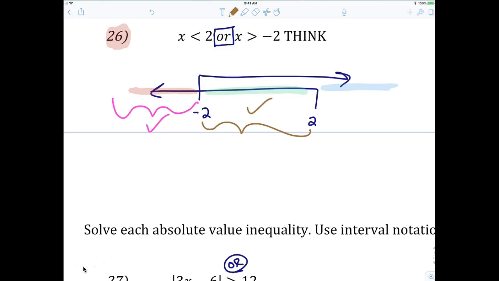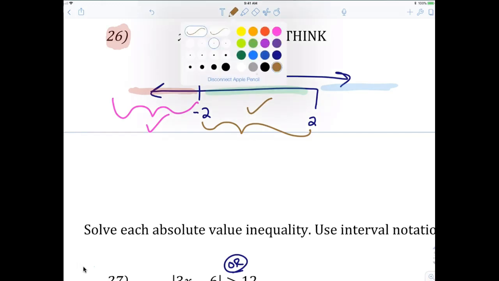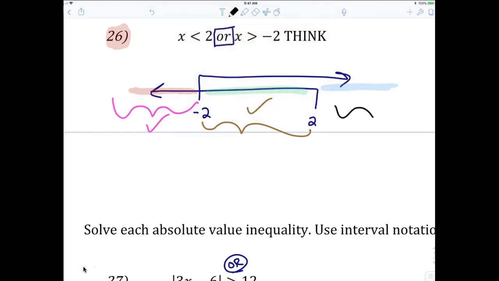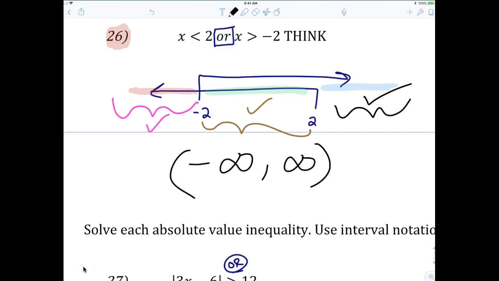And over here, I am greater than -2. I'm just not less than 2. But what I'm showing you now is in all 3 cases, I've satisfied one of the conditions. Is everybody with me? That's why the answer is -infinity to infinity. All right.